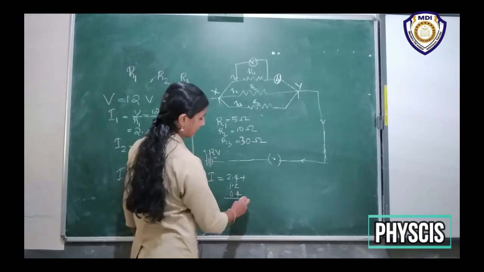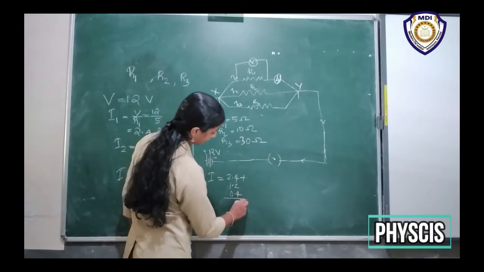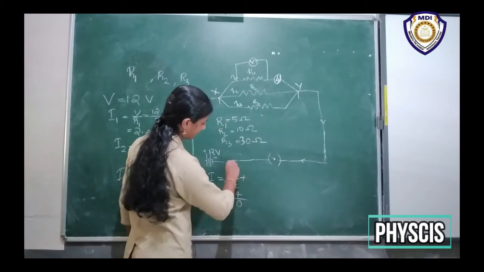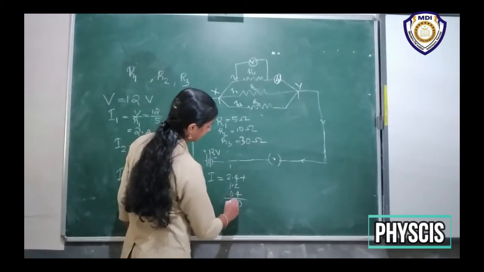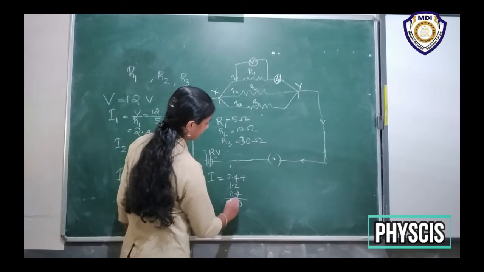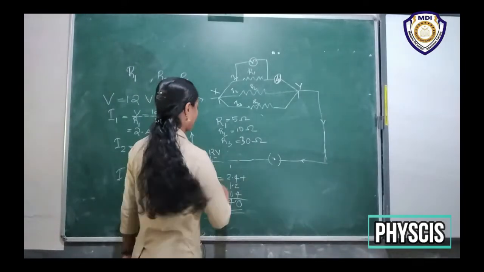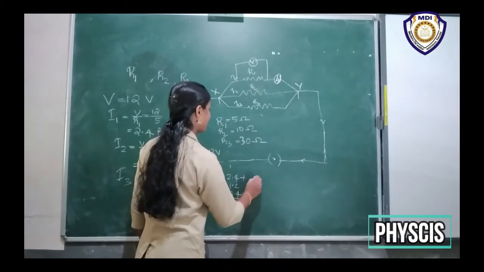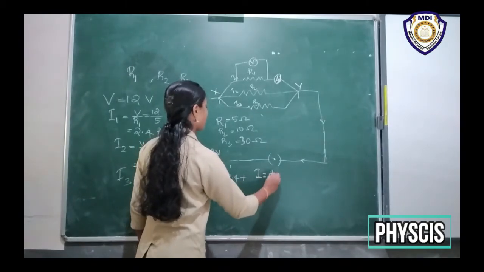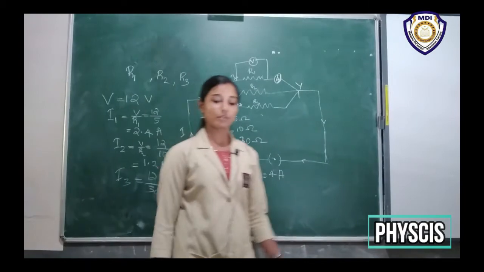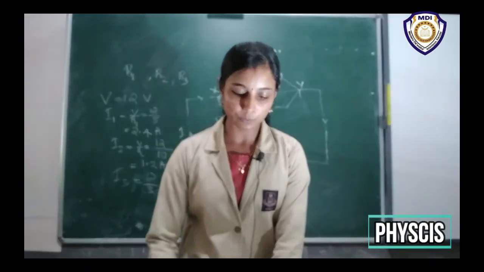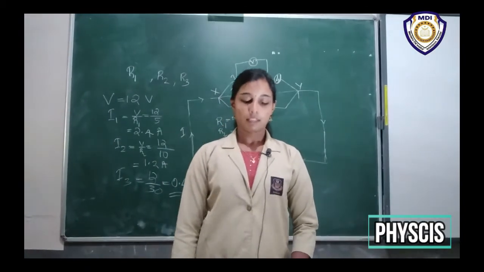So what is the value? 0, 1 and 2 plus 1 plus 1, 4. Okay. So I is equal to 4 ampere. This is the resultant current through this circuit, equal to 4 ampere.